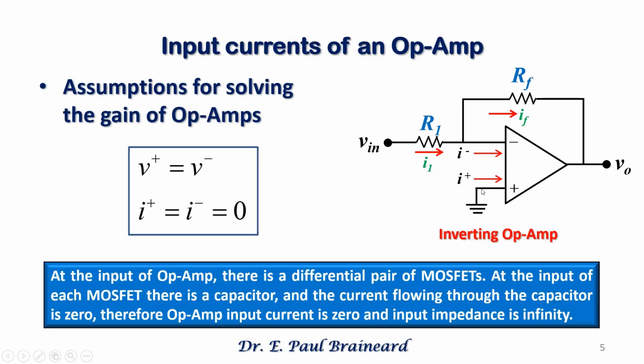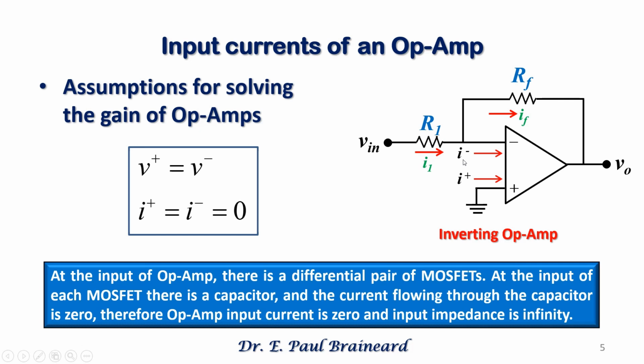Another important assumption we make is the input currents entering into op-amp are 0. That is, I plus is equal to 0 and I minus is equal to 0.